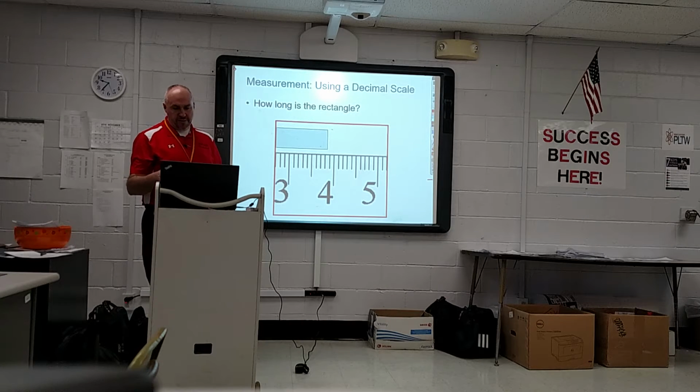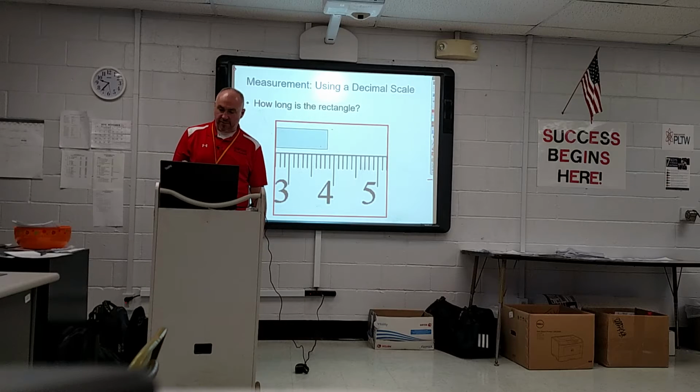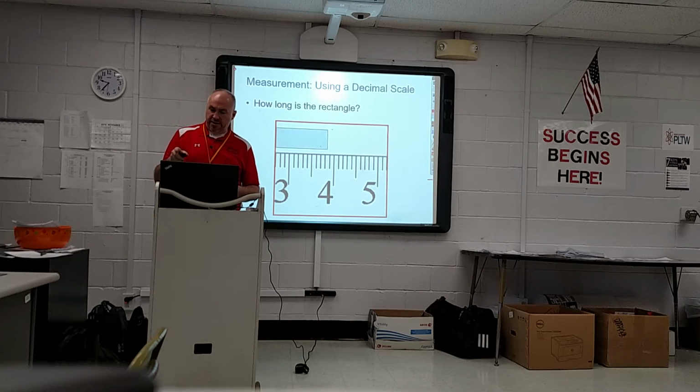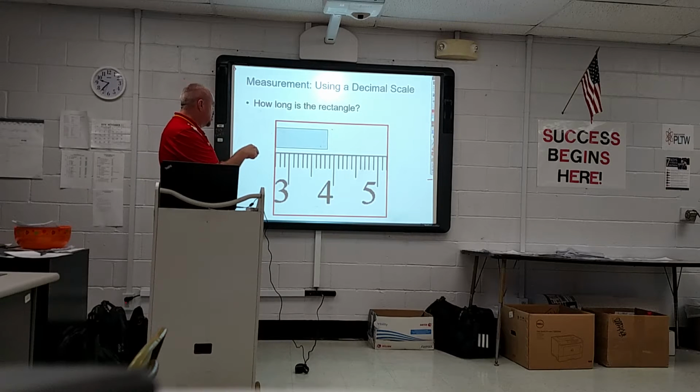Because the scale is divided into millimeters, you can also be certain that the measurement is between 3.8 and 3.9. Here's what I mean by that. Notice this. There's your 3 and your 4 mark. If you count these millimeters, 1, 2, 3, 4, 5, 6, 7, there's 8.